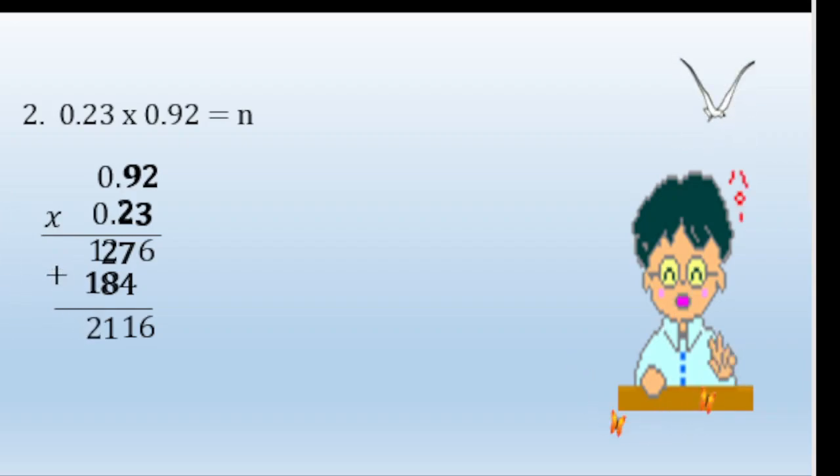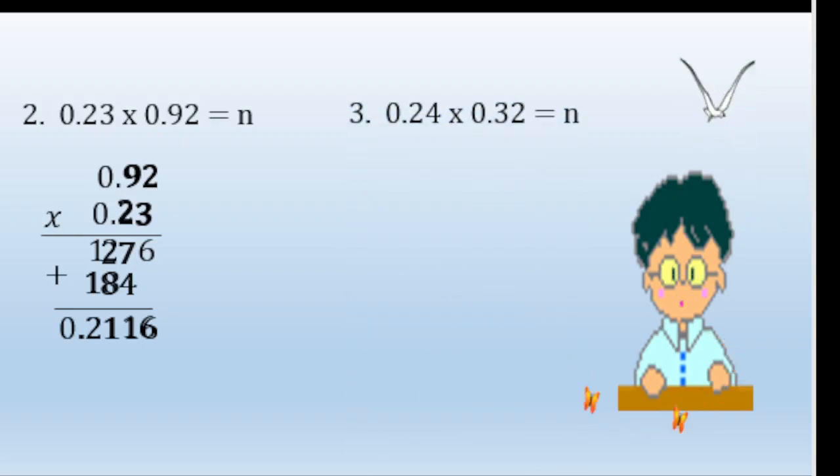And then count the number of decimal places again on both factors. So there are 4. So therefore, the decimal point is before 2. Then your answer now is 2,116 ten-thousandths.